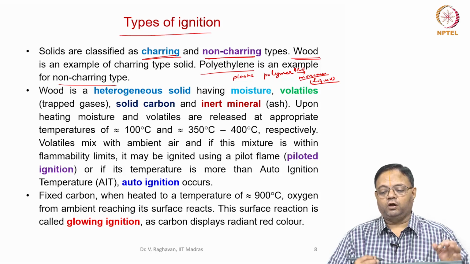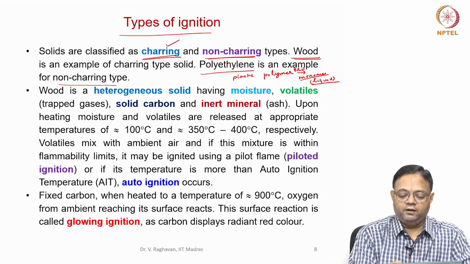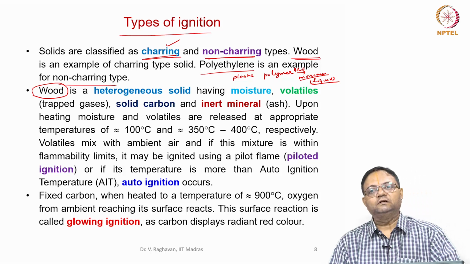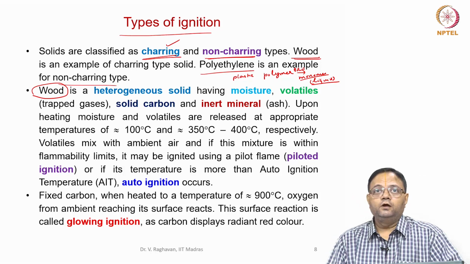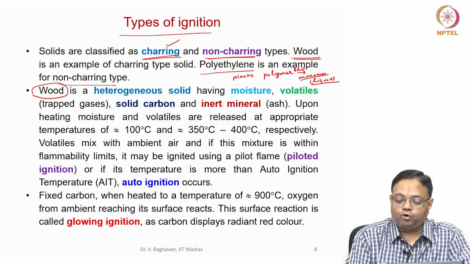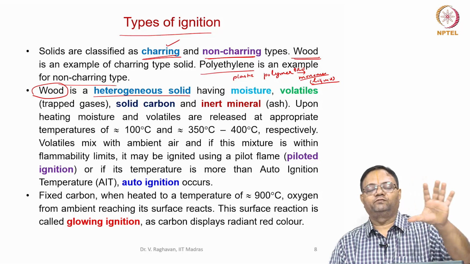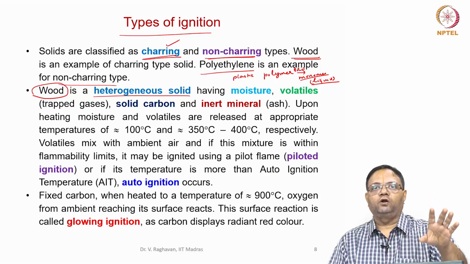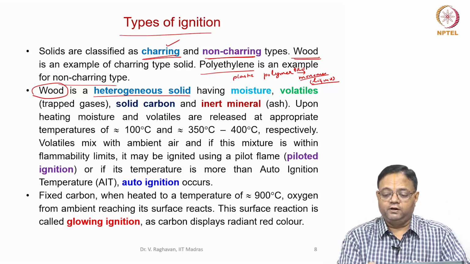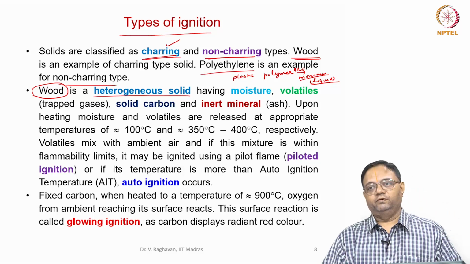Now, let us first talk about charring, taking the example of wood, which is used in several applications. Wood is heterogeneous. Homogeneous means there is only one phase, either liquid, solid or gas, but heterogeneous means there are several phases.